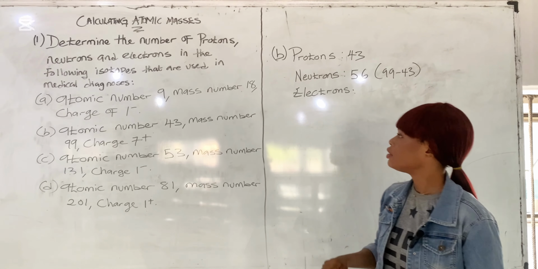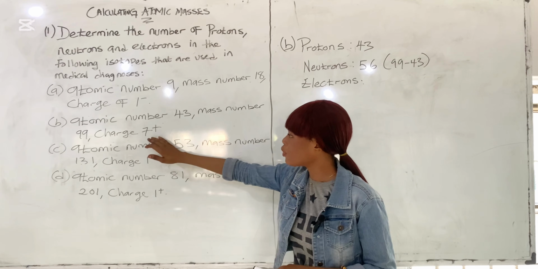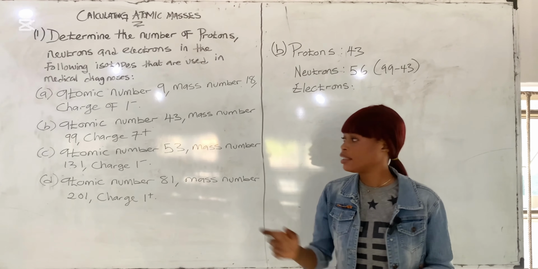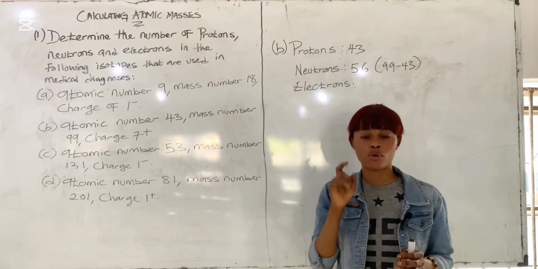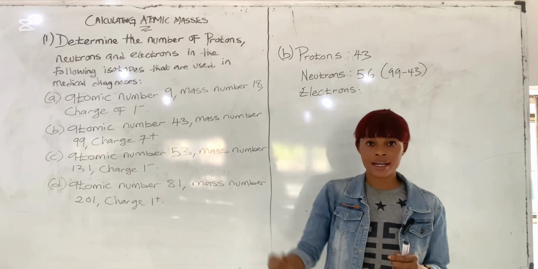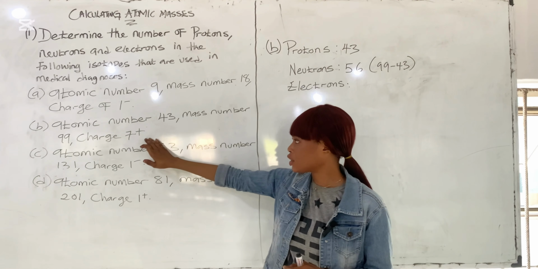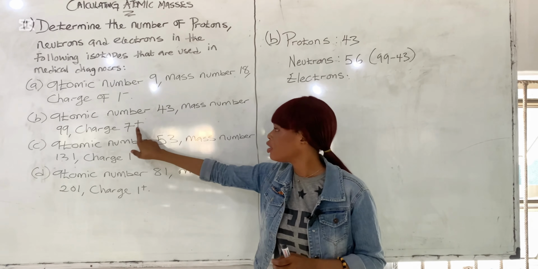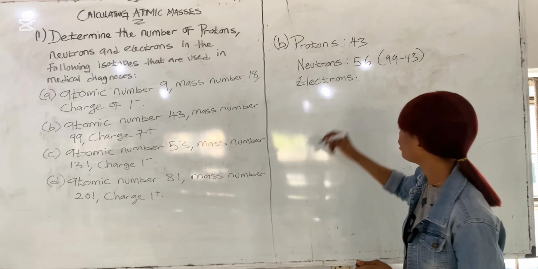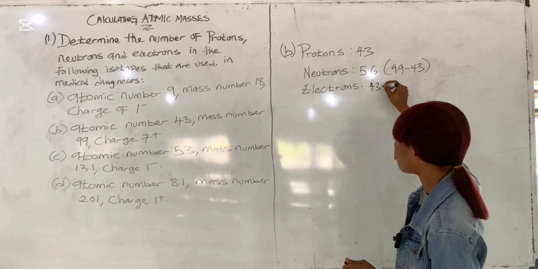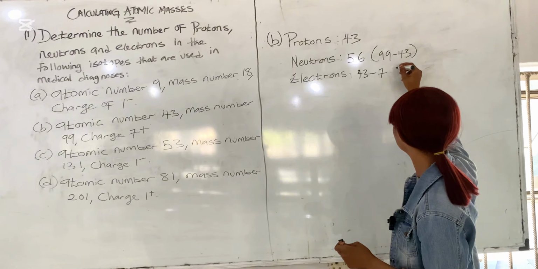Then for our number of electrons, remember I said if the element carries a charge, in this case our charge is plus 7. For an element that carries a positive charge, you subtract that number from the number of protons. So our electron number is 43 minus 7, which gives us 36.